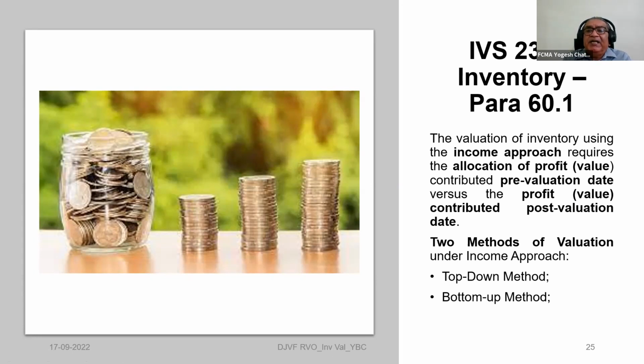Many times, depending upon the situation, valuation will be required in the middle of the accounting period, like 15th of March or 10th of March. So there again, these are challenges a valuer will come across. So for pre-valuation date, what is the profit, and for post-valuation date, what can be the profit.